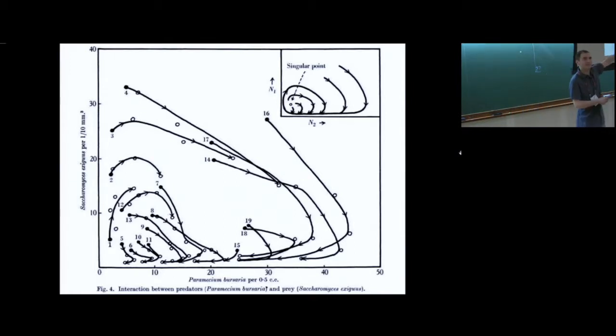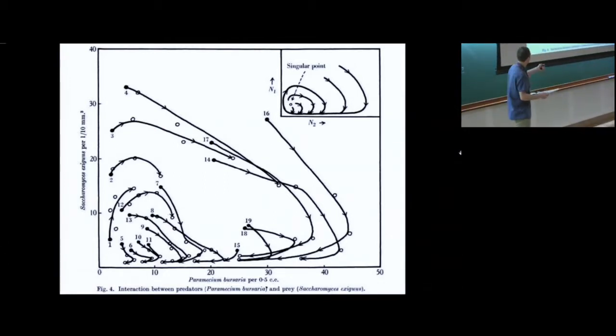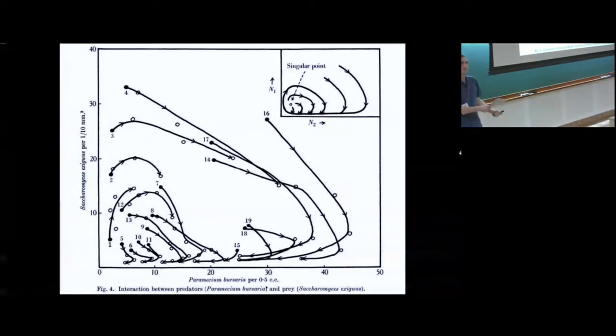And so here's the data from a series of experiments. For each experiment they measured the predator population and the prey population, and they drew a black dot for the initial state of the system, and then they measured the populations at later times, and drew some circles, and then connected them up with curves that they drew in by hand, and put some arrows on to indicate the evolution of time.